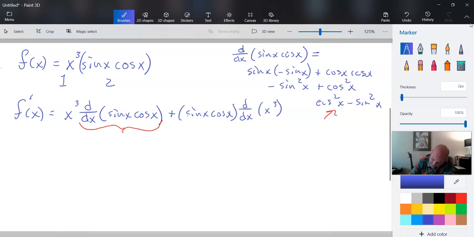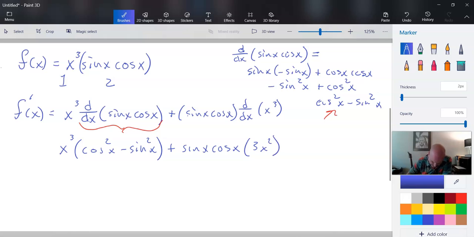So I have x cubed times cosine squared x minus sine squared x, plus sine x cosine x times the derivative of this, which is 3x squared.